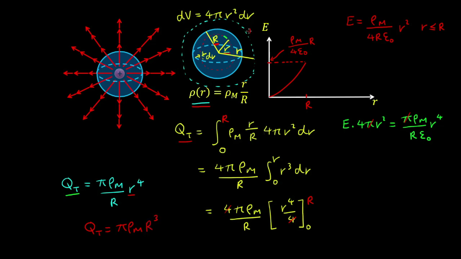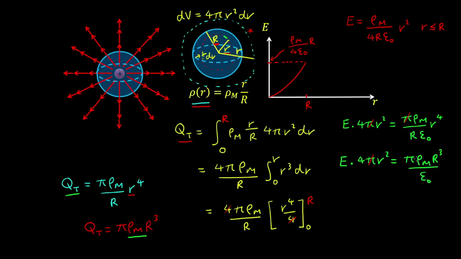So given this is our spherical Gaussian surface, we still have the electric flux through that surface as the electric field by 4 pi r squared, and the charge enclosed in that surface is pi rho m r cubed. And we divide this by the permittivity of free space.